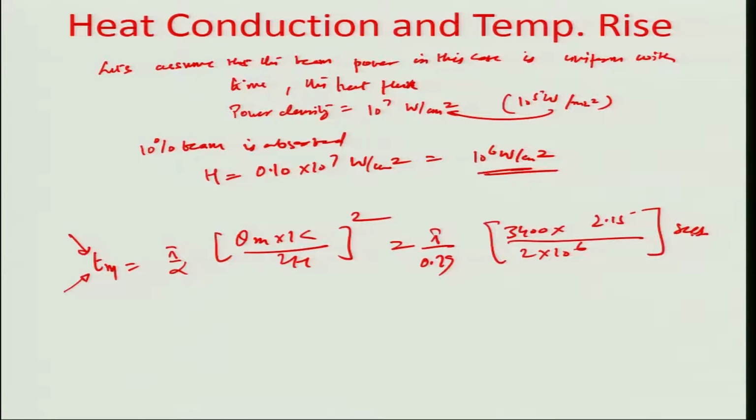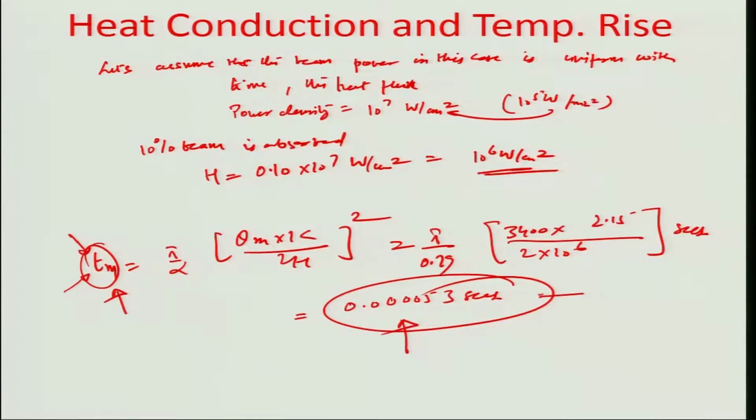So this is the total time in seconds that it would take for the surface temperature to reach the melting point theta m, and this time is very, very small. As you can see, it's 0.000053 seconds.